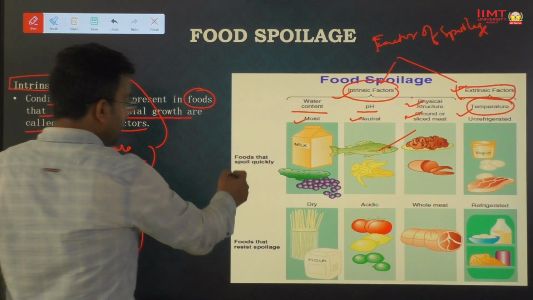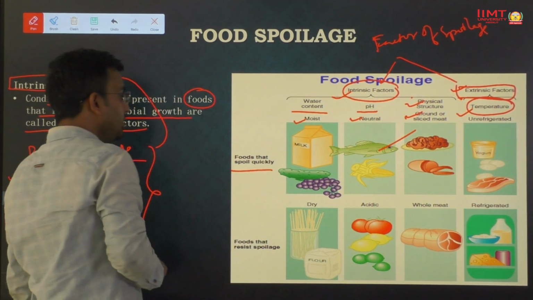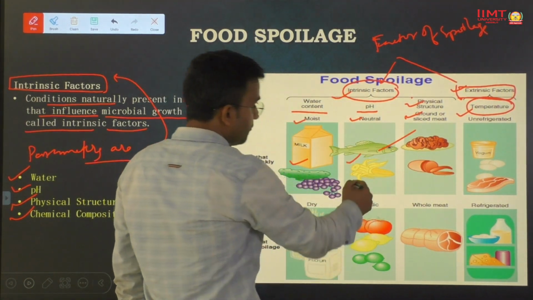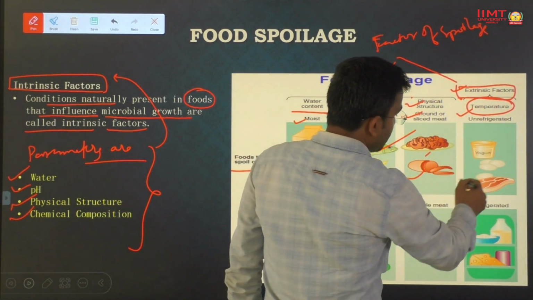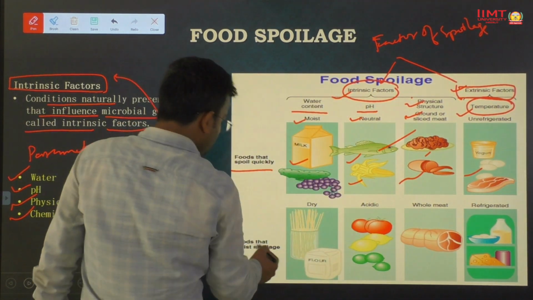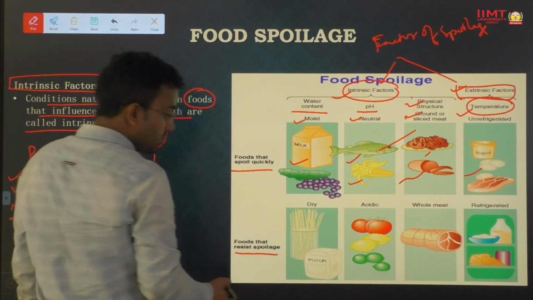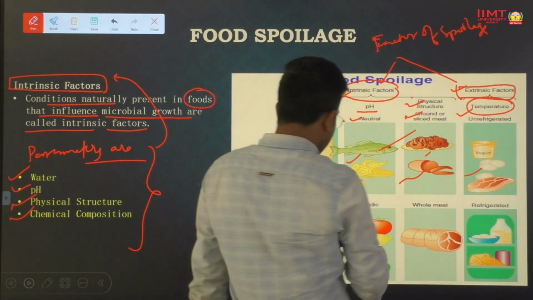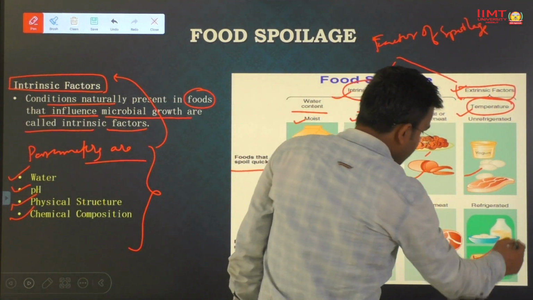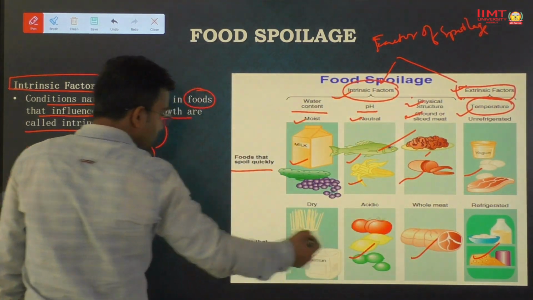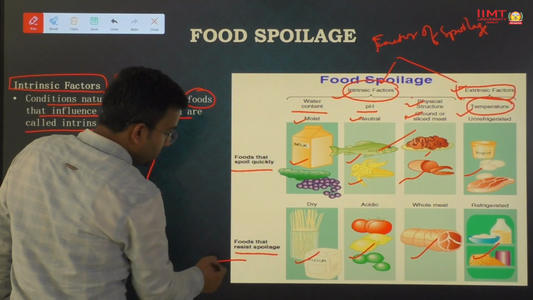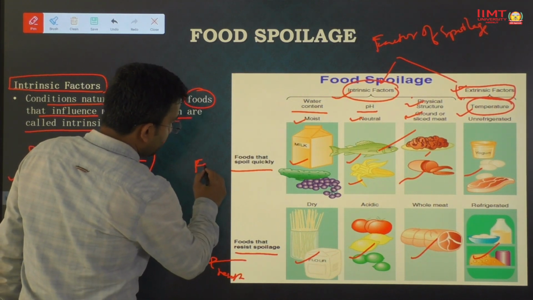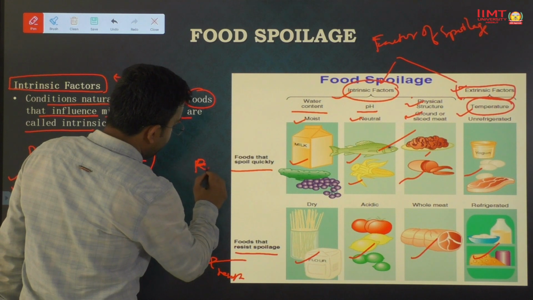unrefrigerated conditions. Some foods quickly spoil, such as milk, meat, fruits, meat products and yogurts. And foods that resist spoilage, meaning they spoil slowly, are flour, acidic, dry foods, whole meat, refrigerated foods. These are the items with less spoilage, versus rapid spoilage.